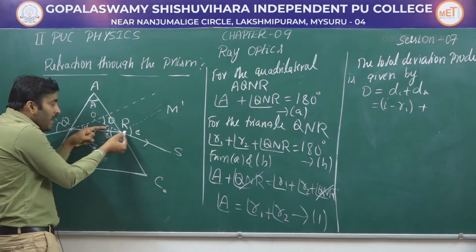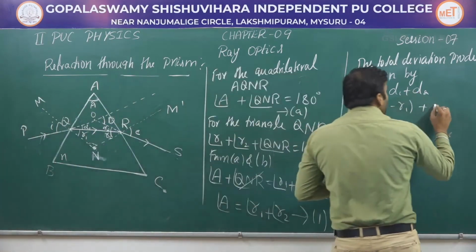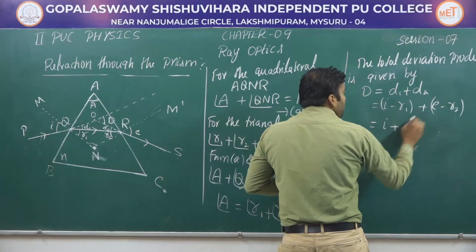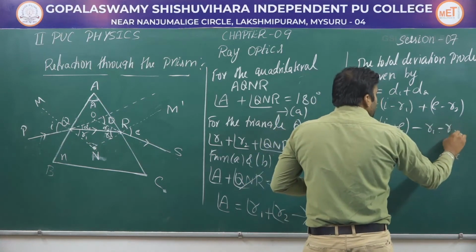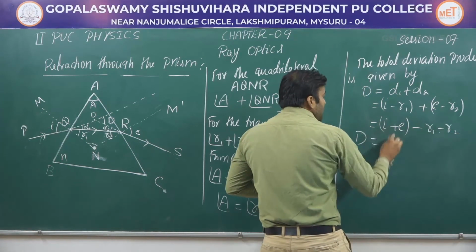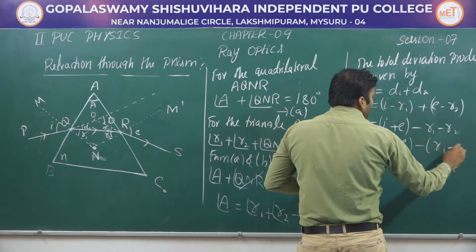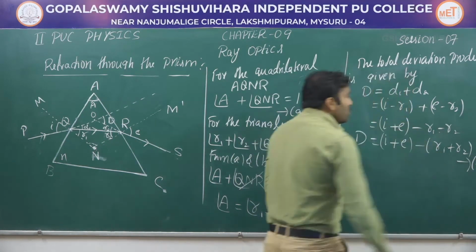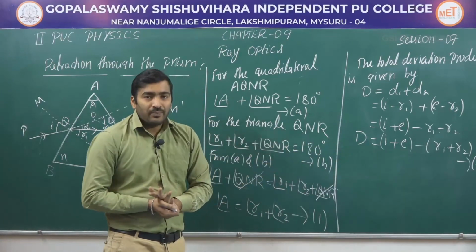So this E minus R2 gives this D2. Therefore, if I write this D2 as E minus R2, what you will get is I plus E minus R1 minus R2, or you can write the same expression as I plus E minus of R1 plus R2. So we got an equation number 2 here.